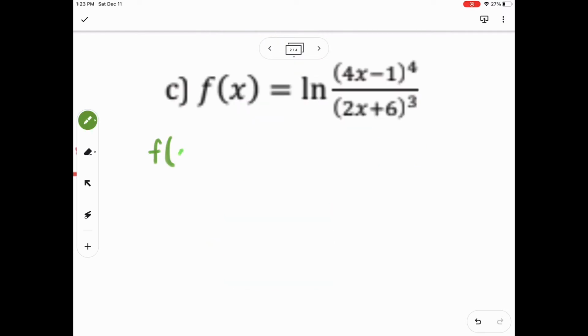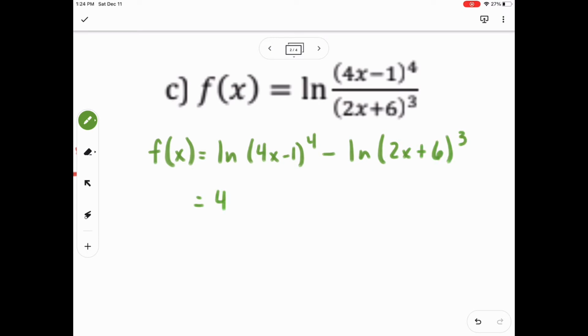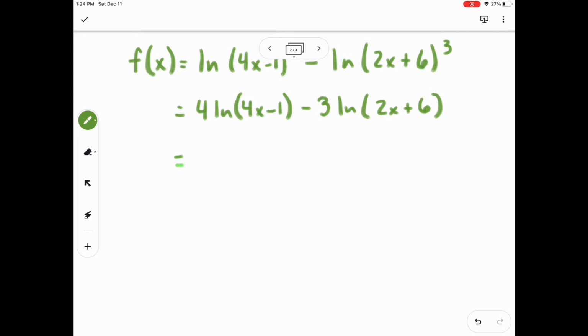Okay, letter C. Now here there's an ln in front. And so it's easier to deal with this by separating it using your quotient property for ln. And so I set them equal. So remember, that means division means subtraction between the top and the bottom. And so then I can use the power rule for those, or power property, to move the 4 and the 3 down. So I don't have to do power rule with this.